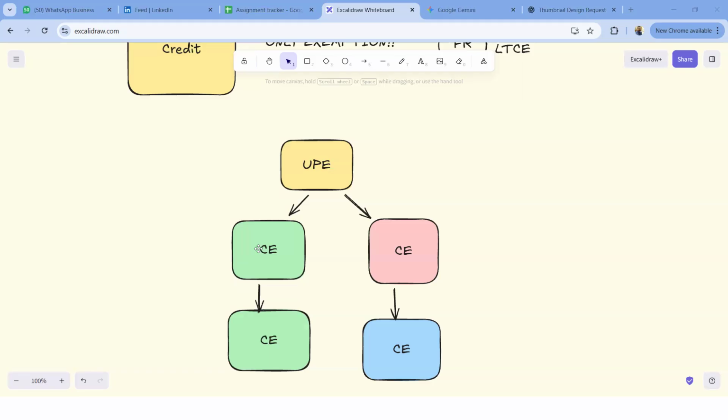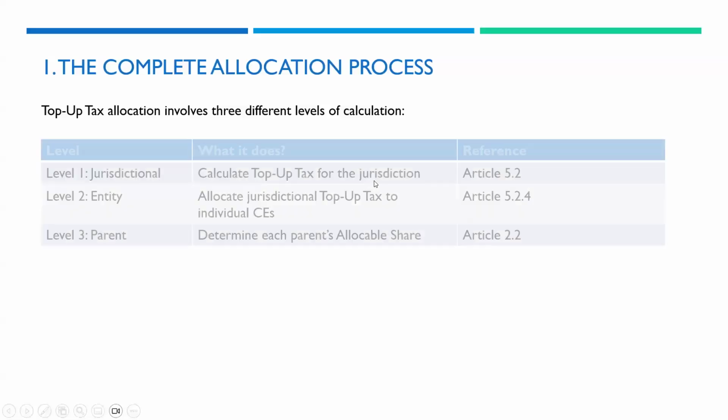There is 3% remaining. How do I allocate this 3% among these two first? Initially there is a QDMTT, so jurisdiction-wise they have to pay. That is the whole essence that we are talking about. It is always seen on a jurisdiction basis, not on an entity basis. We'll see all these allocations now. Okay, so this is the background.